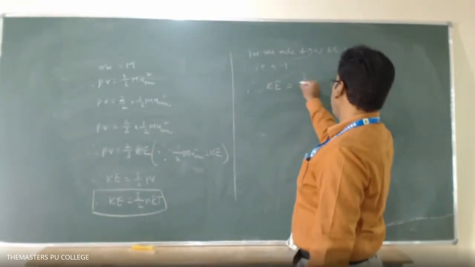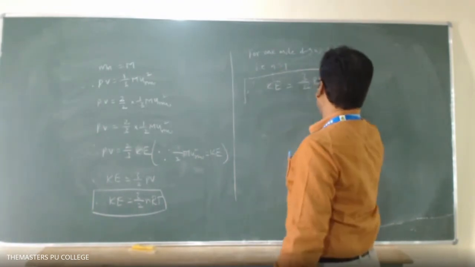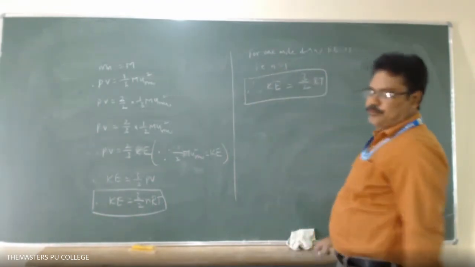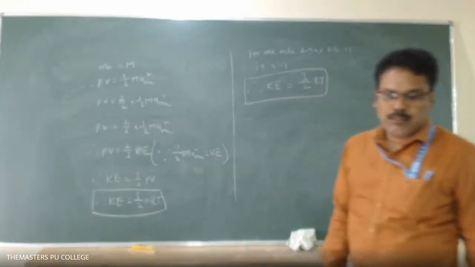That is 3 by 2 RT. So this is the kinetic energy for 1 mole of gas. This is the kinetic energy for n moles of gas.